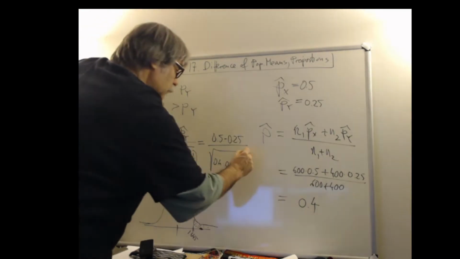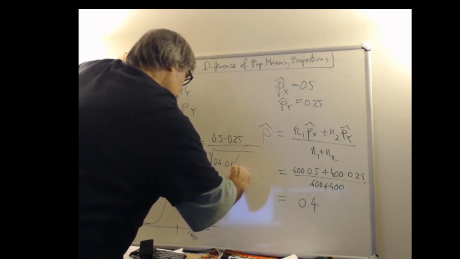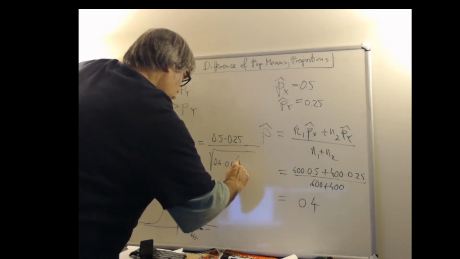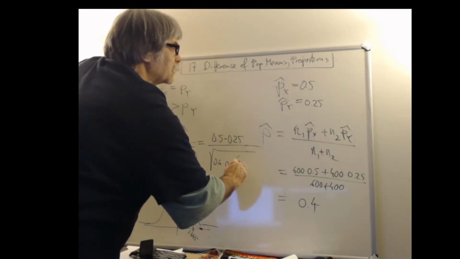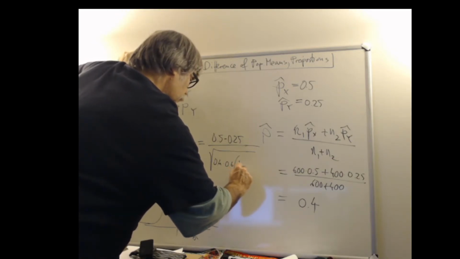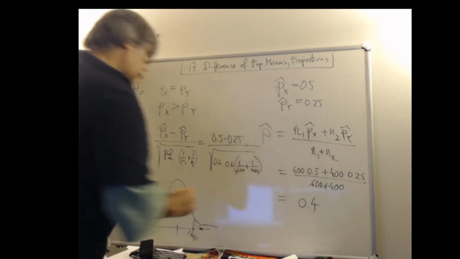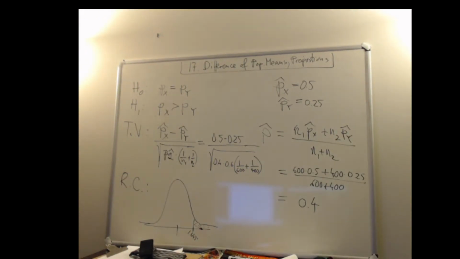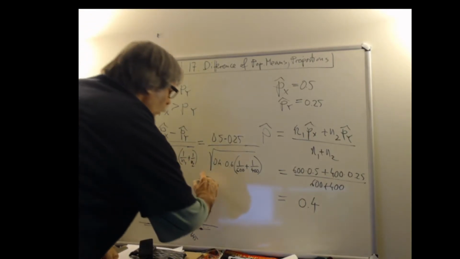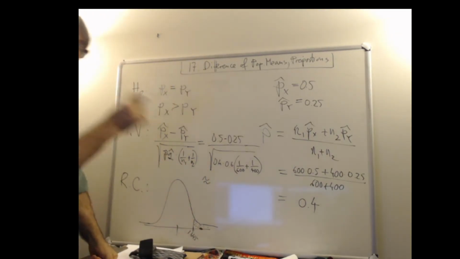This is 1 over, how many teenagers? 600. Plus adults 400. Okay? I'm going to get an approximation, right?